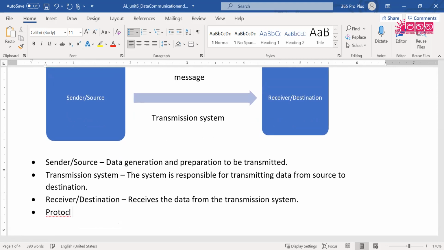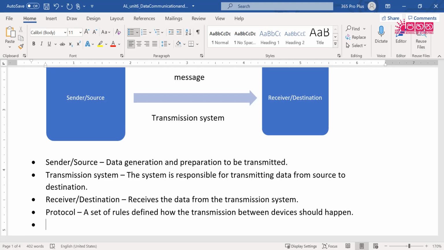Then protocol. Protocol means it's a set of rules.